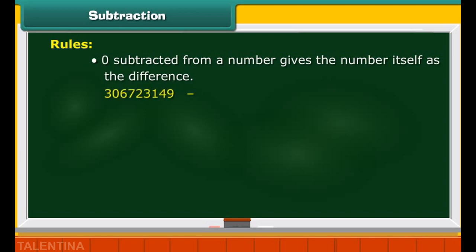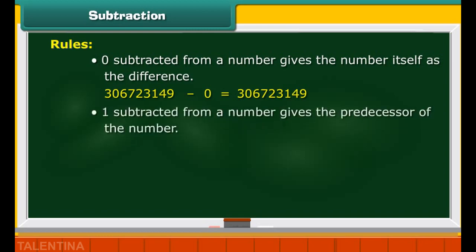306723 subtracted by 0 is equal to 306723. 1 subtracted from a number gives the predecessor of the number. 746231954 subtracted by 1 is equal to 746231953.